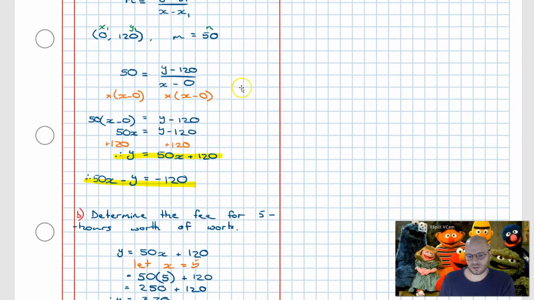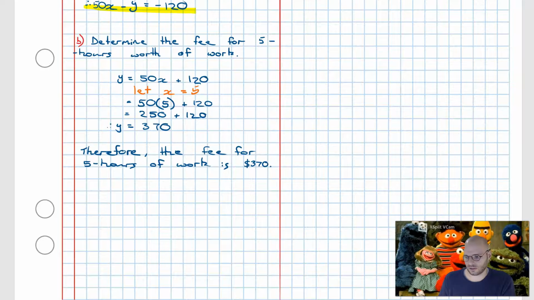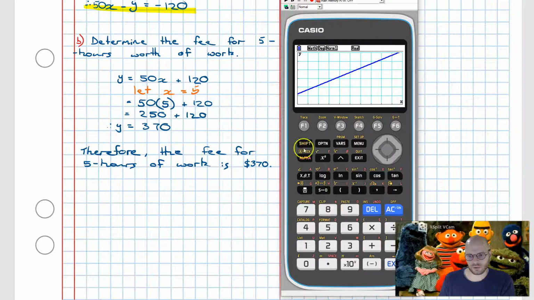Now, to be able to solve for the value of 5 hours worth of work, we go to G-solve, F5, go across one, and we click on ycal, of which we put in 5 hours for x, and then it reveals to us that the value of y when x is 5 is 370.